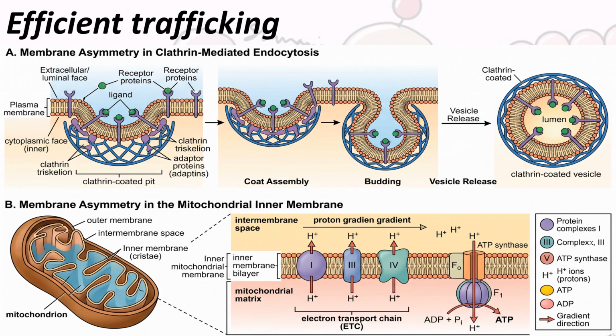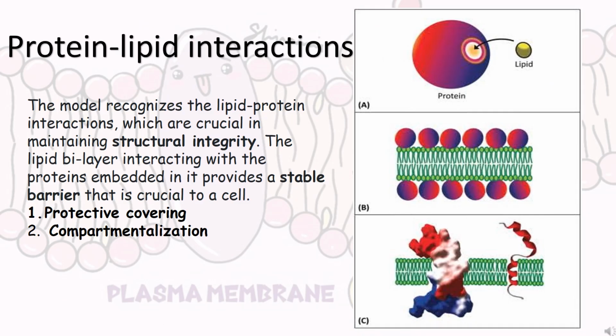Not only is this crucial in cell membranes, asymmetry is also important in the membranes of the mitochondria. In particular, the inner mitochondrial membrane, which is the site of the electron transport chain of cellular respiration, is also the site of ATP synthases, which pump H+ ions into the mitochondrial lumen for ADP production. Protein-lipid interactions.